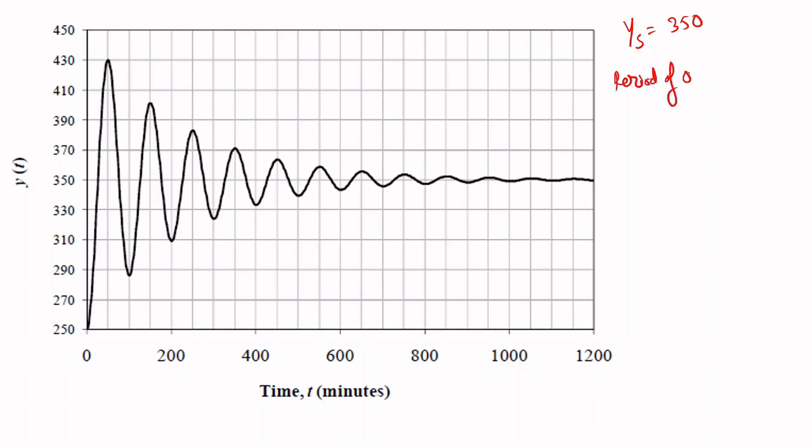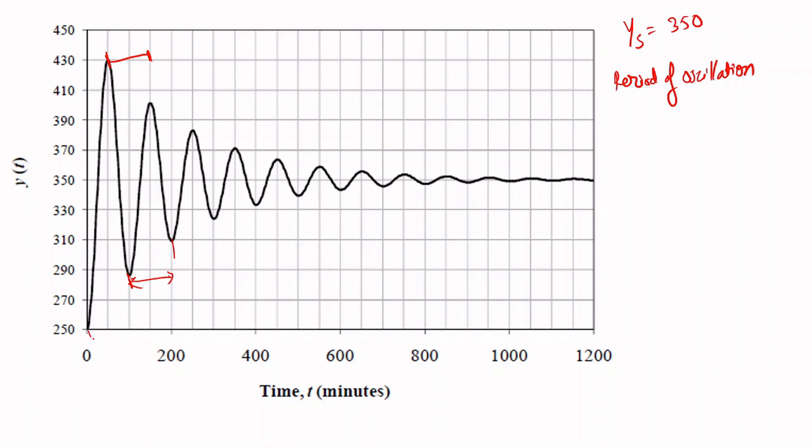That is the time taken by the system to reach successive higher peaks or lower peaks. So basically the time taken by the system to achieve either this or this. Both of that will be the same.